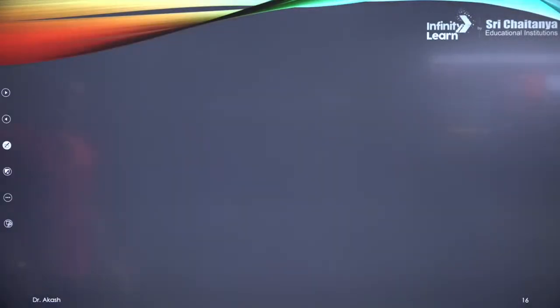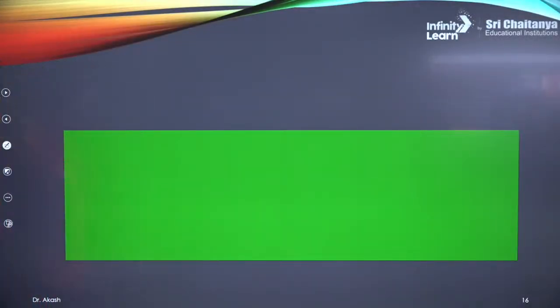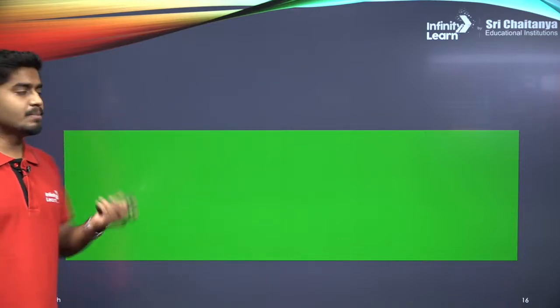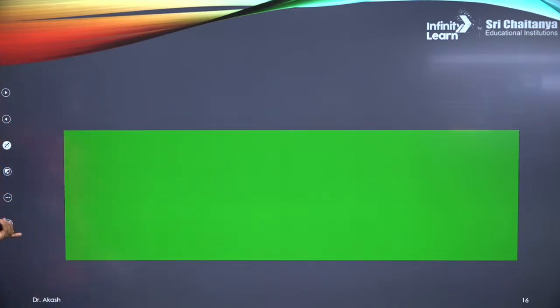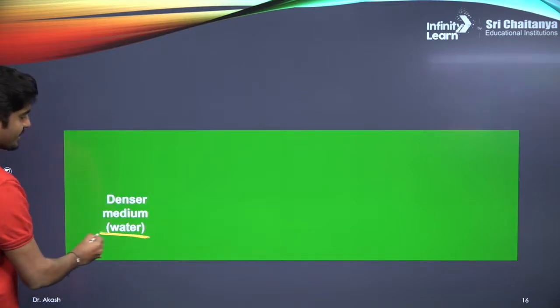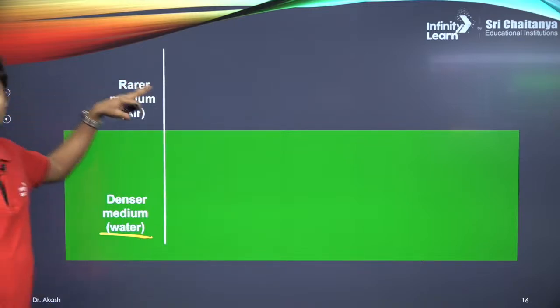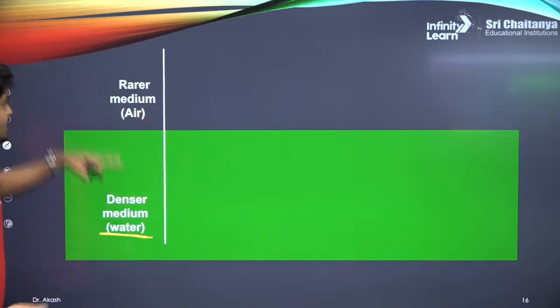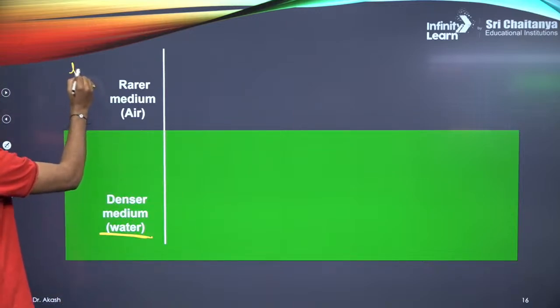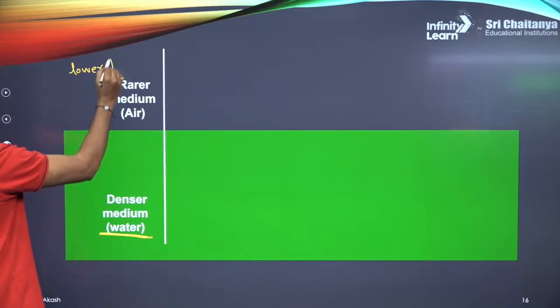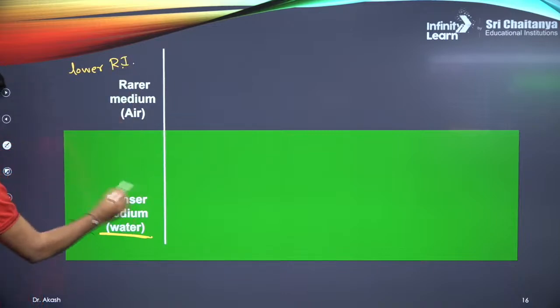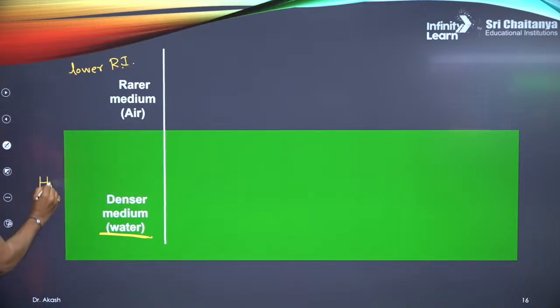Now let's understand total internal reflection. Again, we'll do the same ray diagrams which we discussed a couple of minutes back. So there is a denser medium. Let's assume that the denser medium is water, and the rarer medium can be anything. It just has a lower refractive index, and denser medium means higher refractive index.